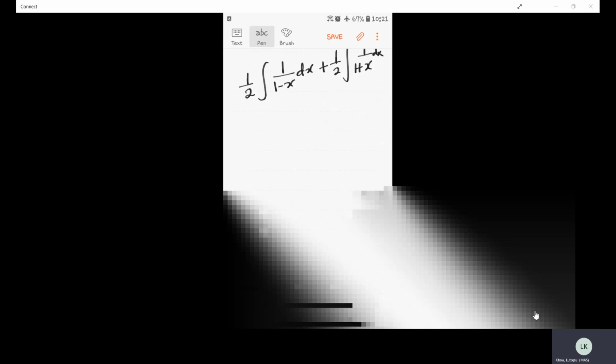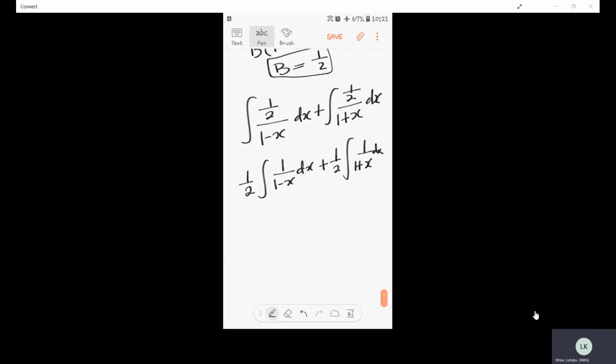Okay, so what you do here is you now just integrate this one here. You can use substitution if you like, or if you know what it is without substitution, that's also fine. So here you can let u equal to 1 minus x, which means that du is, let me put it in red.